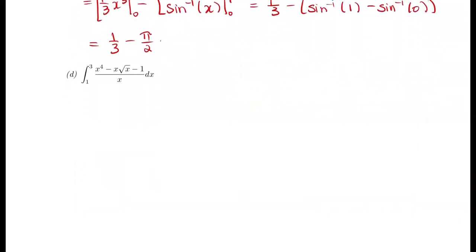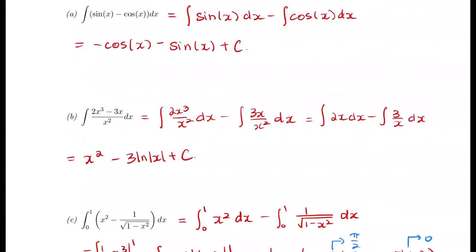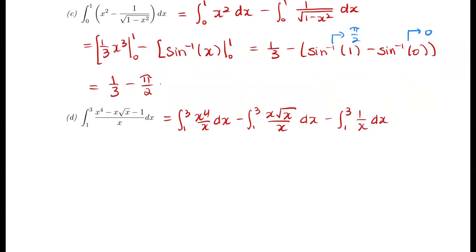And as for the last one, part D, we could do the same thing we did in part B, where we just separated the fractions. So for this one, we could write this as the integral from 1 to 3 of x^4 over x dx, minus the integral from 1 to 3 of x root x divided by x dx, minus the integral from 1 to 3 of 1 over x dx.